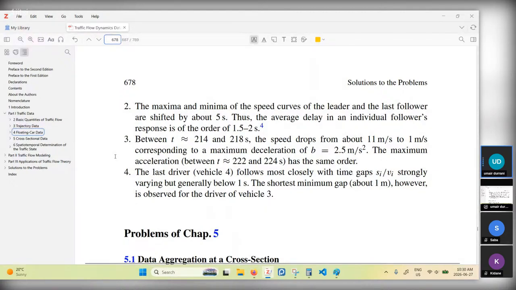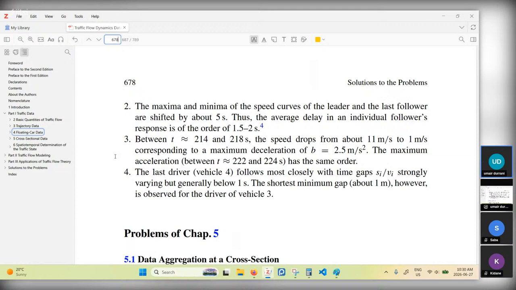The last driver, vehicle 4, follows most closely with time gaps SI divided by VI, strongly varying but generally below 1 second. SI, just to review, is the distance headway, and VI is the speed.